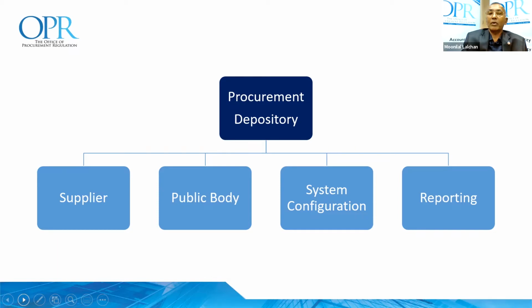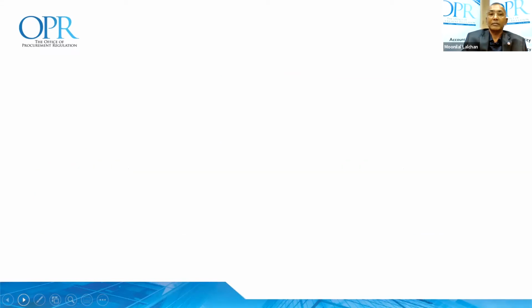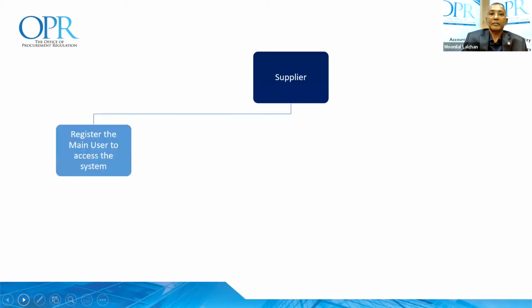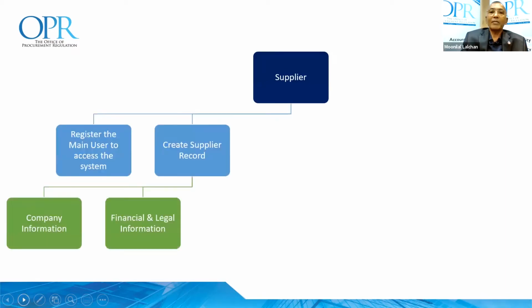And then you have the reporting, where you can run a number of reports in terms of who is pre-qualified in what area, what value categories, and so on. So all those are reporting things that the public bodies can access in doing business on the depository. So the supplier comes onto the system.